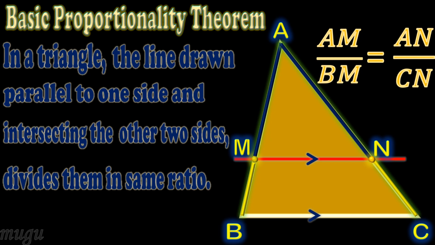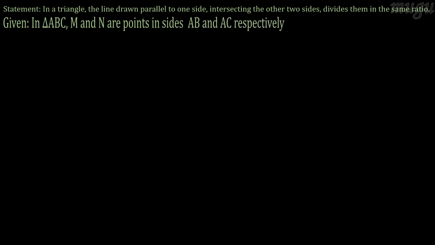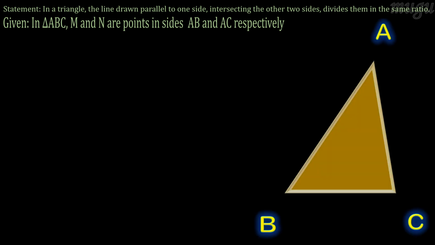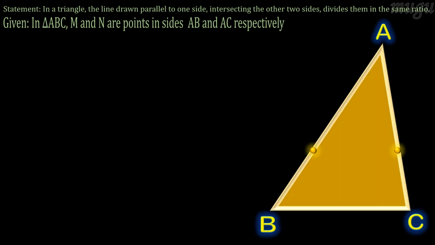So let us start with the proof. The statement is, in a triangle, the line drawn parallel to one side intersecting the other two sides divides them in the same ratio. What is given? In triangle ABC, M and N are points on the sides AB and AC respectively.